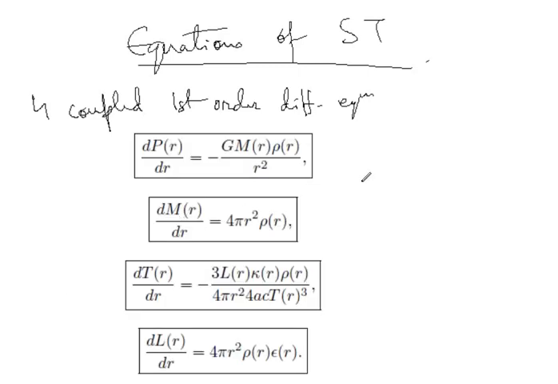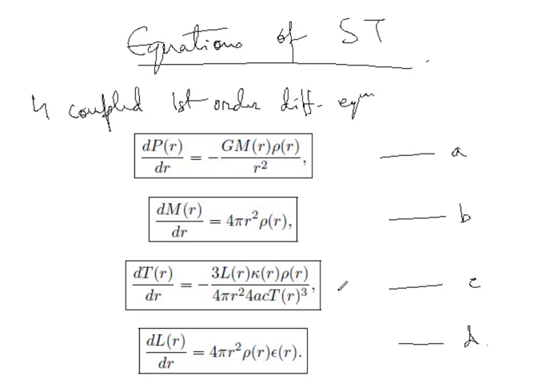These are the four coupled differential equations. Let us name them, say A, B, C and D. You must remember them, right? This is the equation of hydrostatic equilibrium. This is the continuity equation.